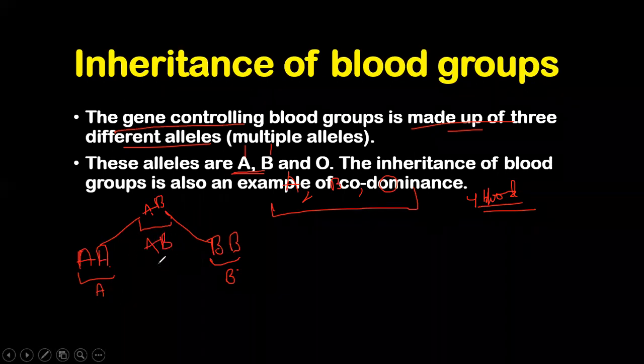So that's why it is called codominance. Both alleles are equally dominant to each other.